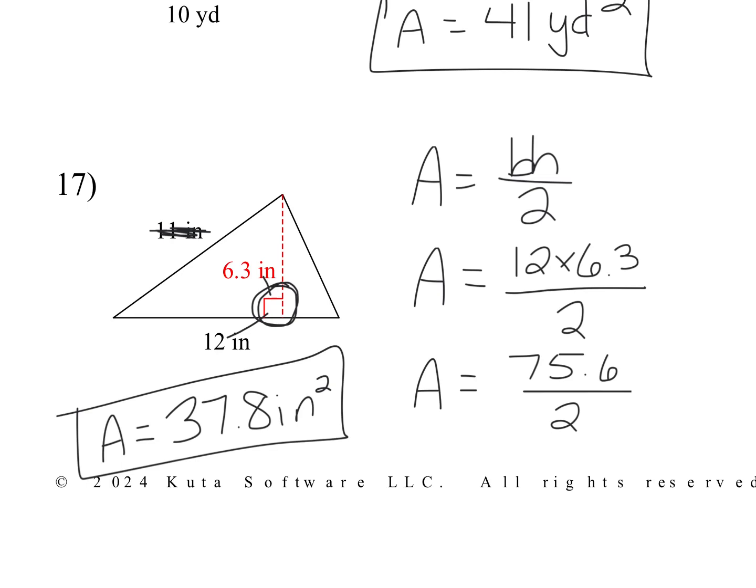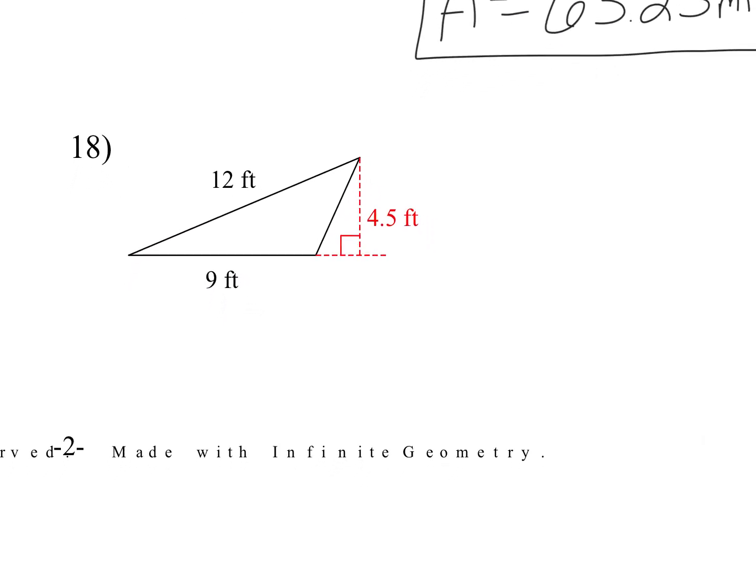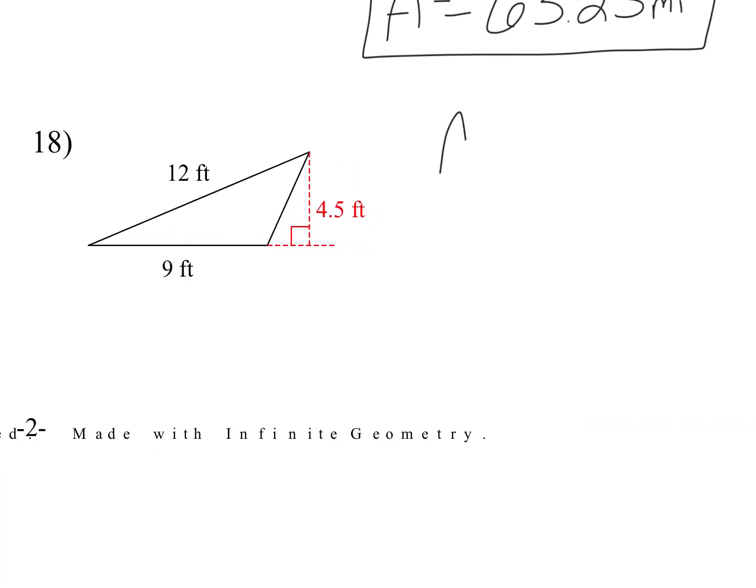All right. 18. What shape are we? It is a triangle. What's the formula? Yep. Looking at that diagram, what value do I not care about? 12. Why not? Because it has nothing to do with that right angle. Plug it in.